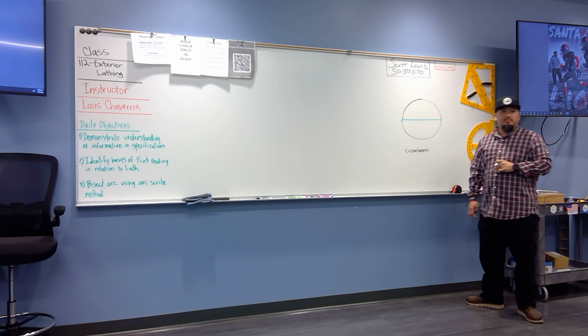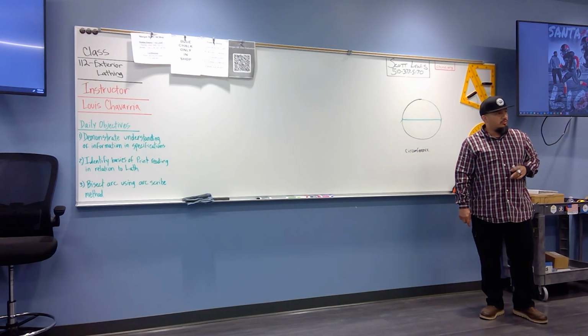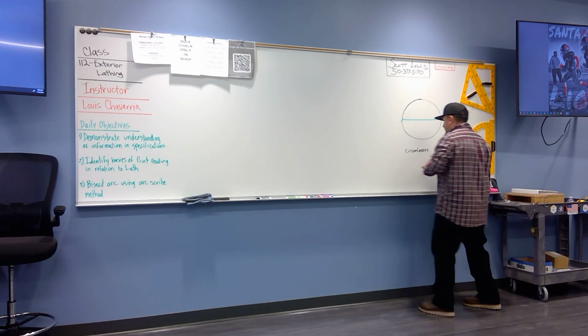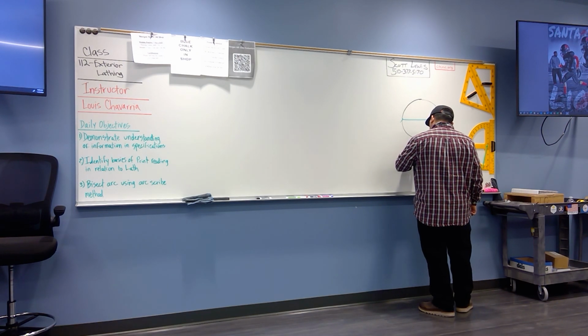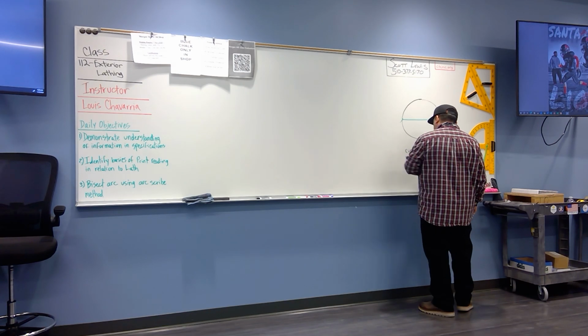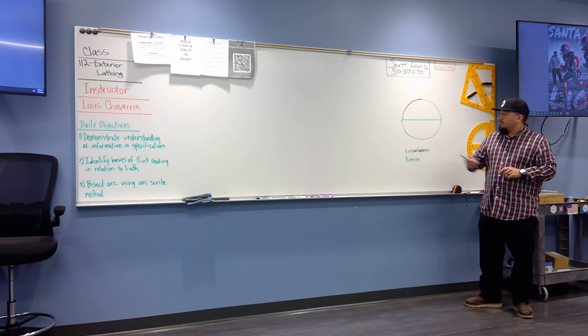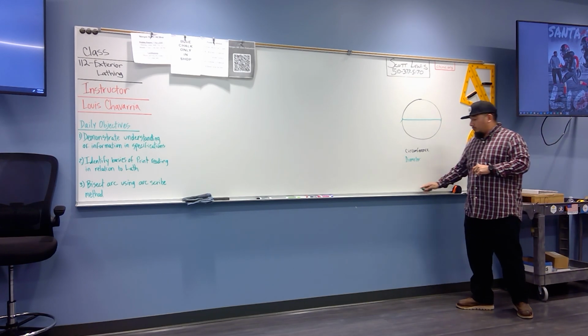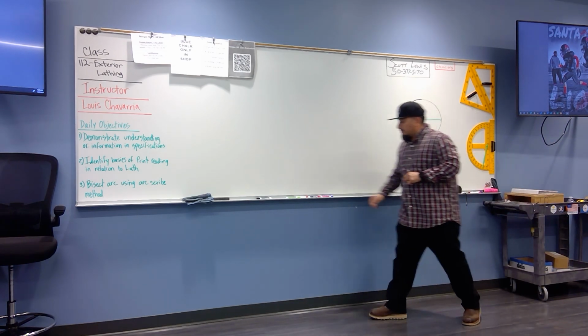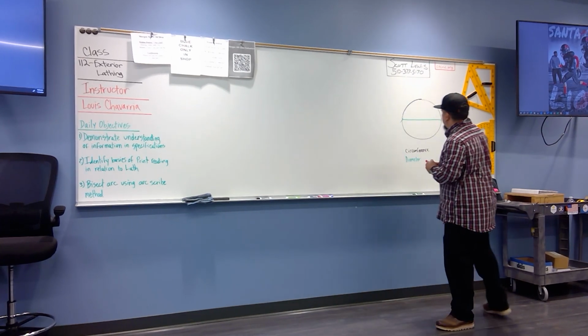And we have the diameter. What is the diameter, Timmel? In between of circles. Correct. It is the distance measured in a straight line across the center of the circle. That's what the diameter is.